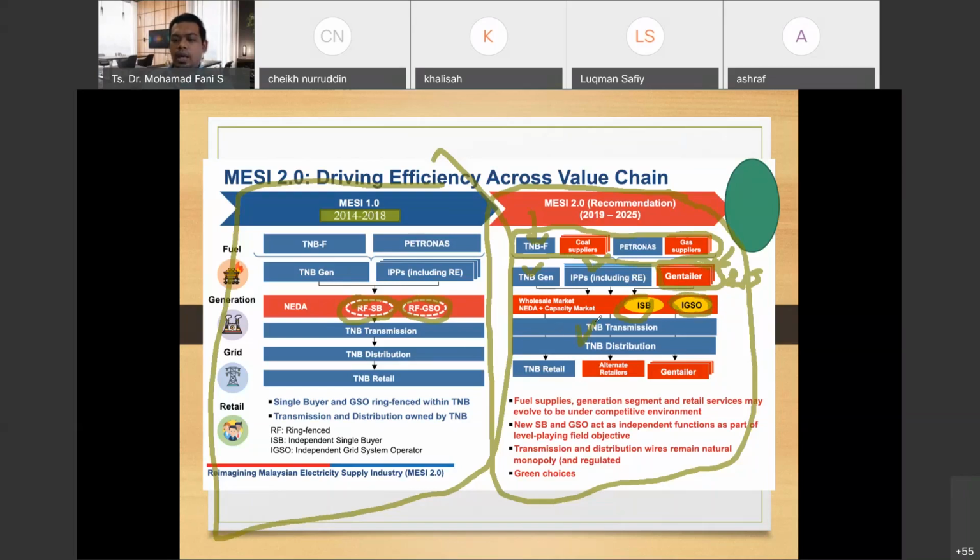We have TNB transmission, TNB distribution, and this is a very interesting part because of the gentailer and the alternative retailer.